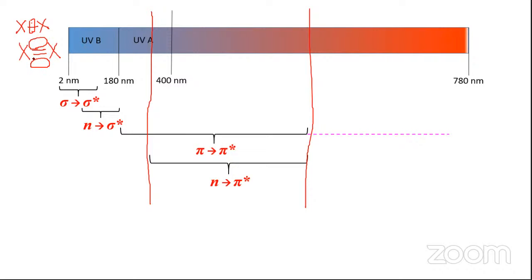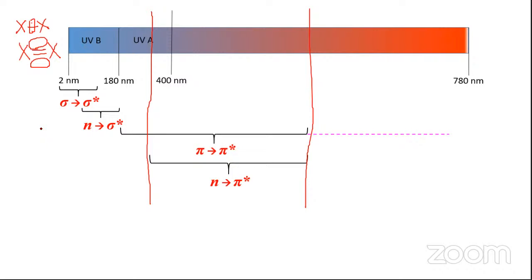They are slightly more mobile compared to the sigma electrons, and that is what gives the pi electrons a kind of slightly flamboyant nature.